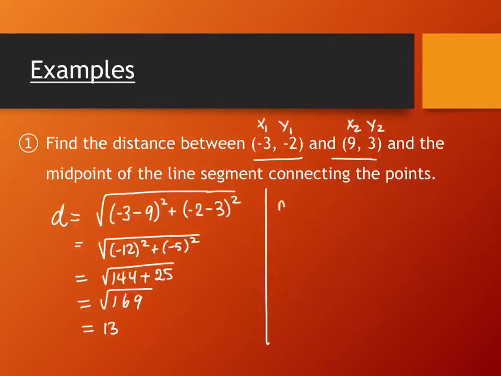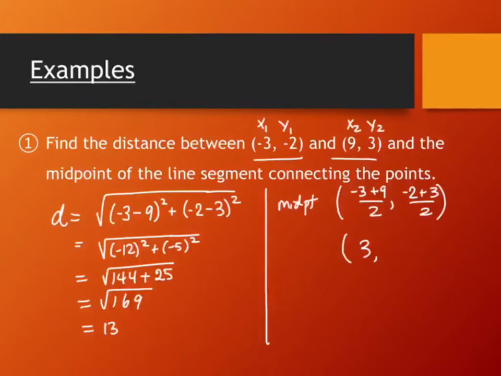Now, the midpoint formula takes the two x values and it adds them. So I have negative 3 plus 9, instead of minus 9, divided by 2. And I have negative 2 plus 3 divided by 2. So negative 3 plus 9 is 6, and 6 divided by 2 would be 3.